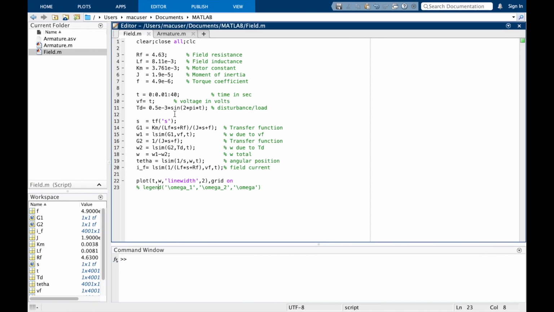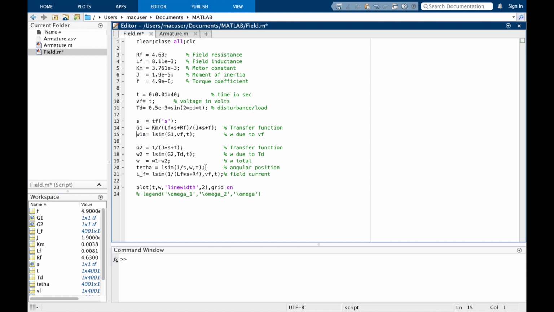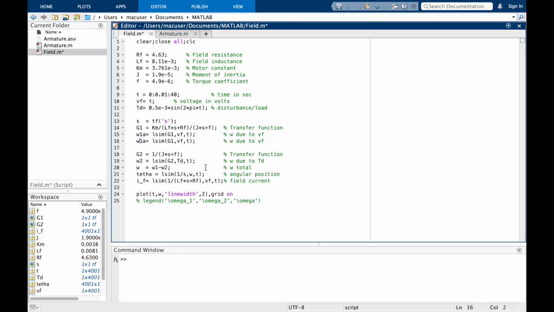Here, omega 1 is lsim of G1, VF, t. Okay, I think it will be omega 1A, right? And then I'm creating another one, omega 1B.